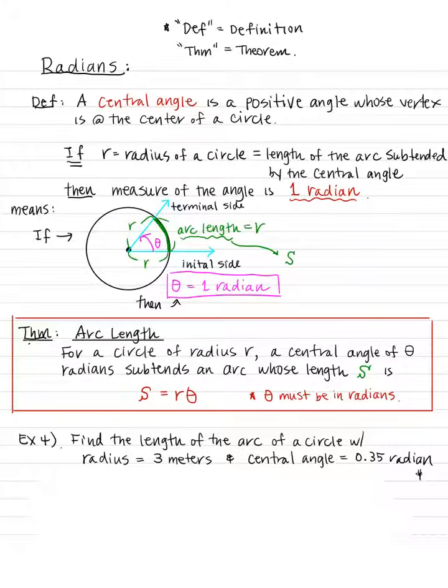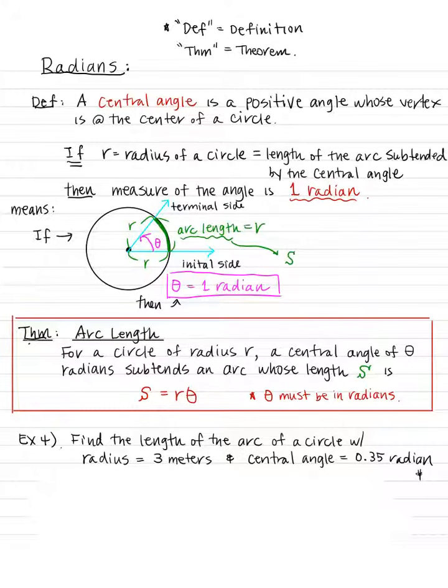A central angle is a positive angle whose vertex is at the center of the circle. Now, if r equals the radius of the circle, which is what? The length of the arc subtended by the central angle, then the measure of the angle is called 1 radian. I drew a little picture ahead of time.